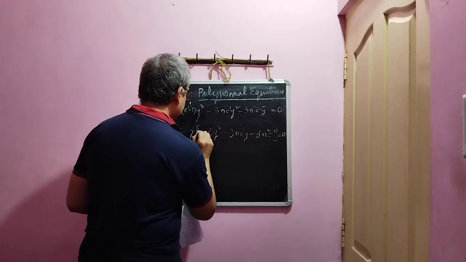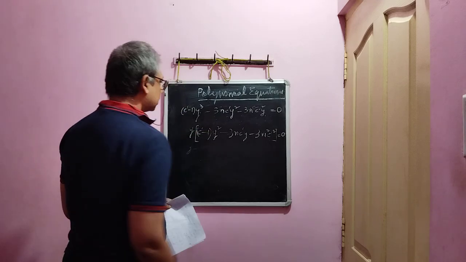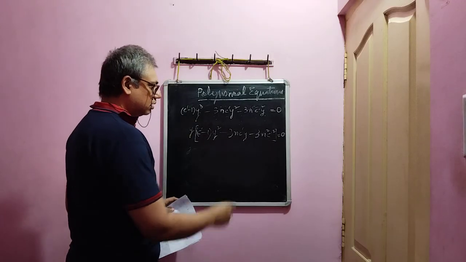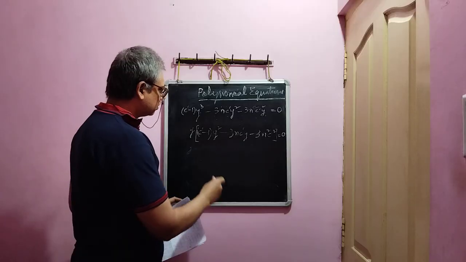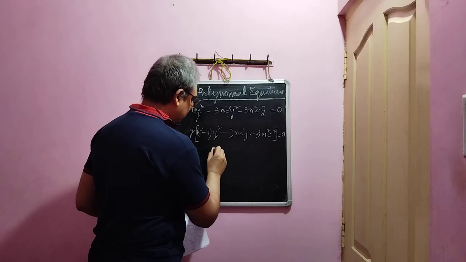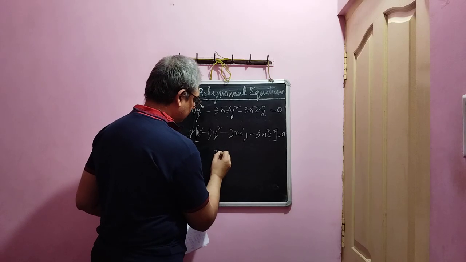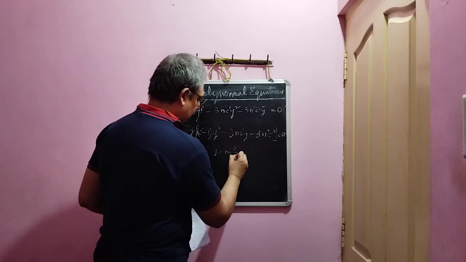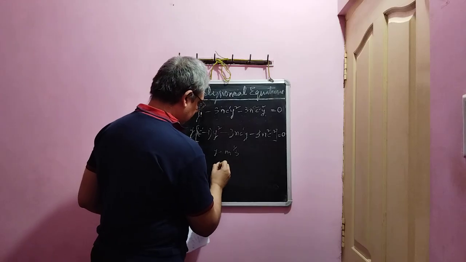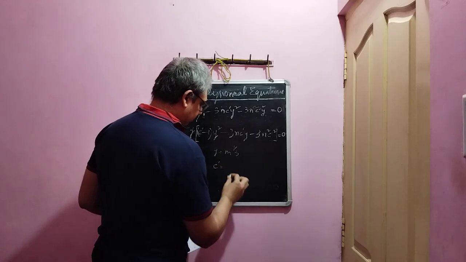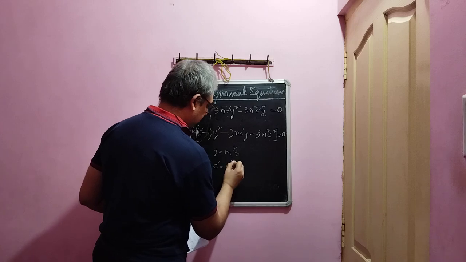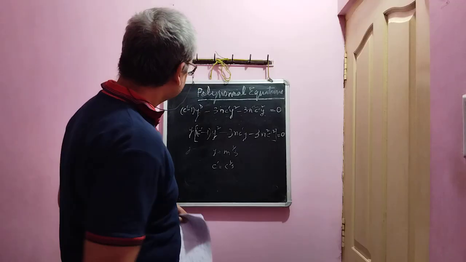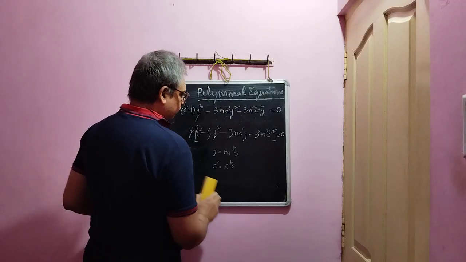Okay, so this is just a quadratic equation in y, and you can solve this, right? So you can solve for y, and we have taken y equal to m power 1 by 3 and c dash equal to c power 1 by 3. So this is the solution for this thing.